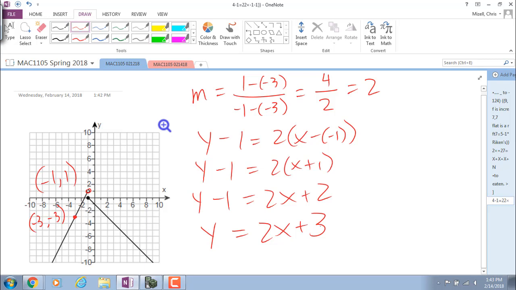This rule can be used to evaluate the function if it's on that piece of the graph, and notice it's an open circle, so it goes all the way up to but does not include x equals -1. So this is where x is strictly less than -1. If it were a solid dot, we could include the or equal to bar. But since it's an open circle, x has to be strictly less than -1.